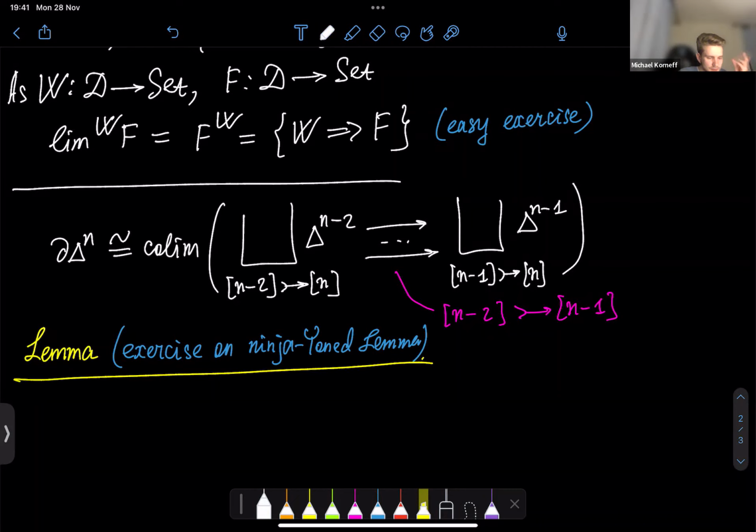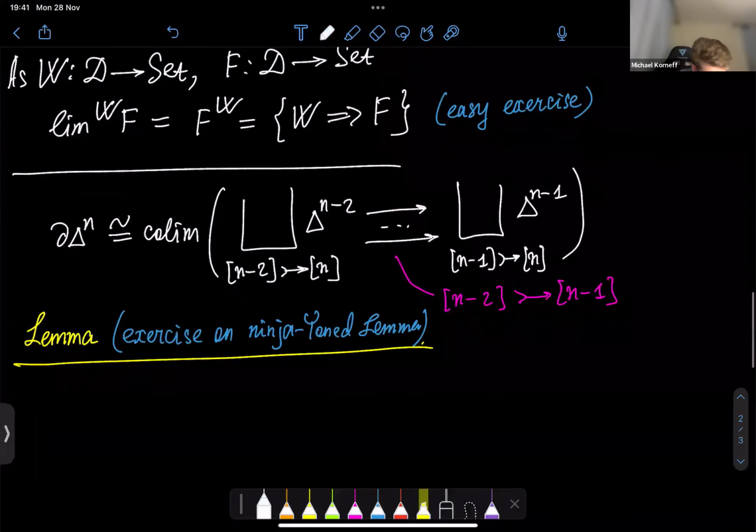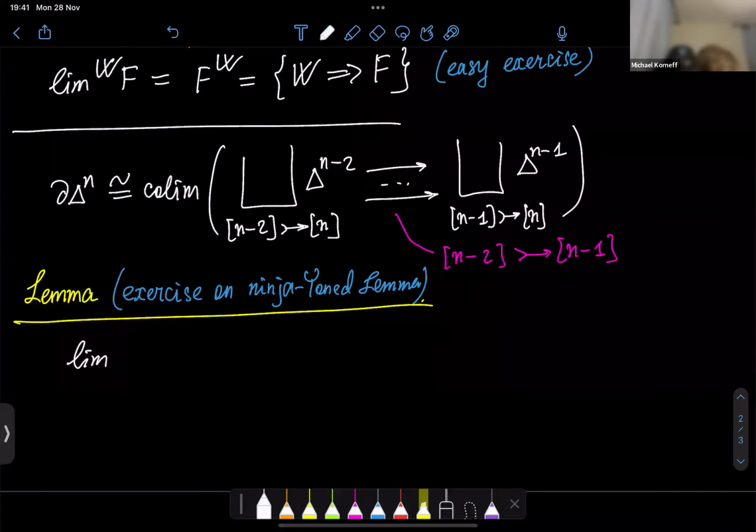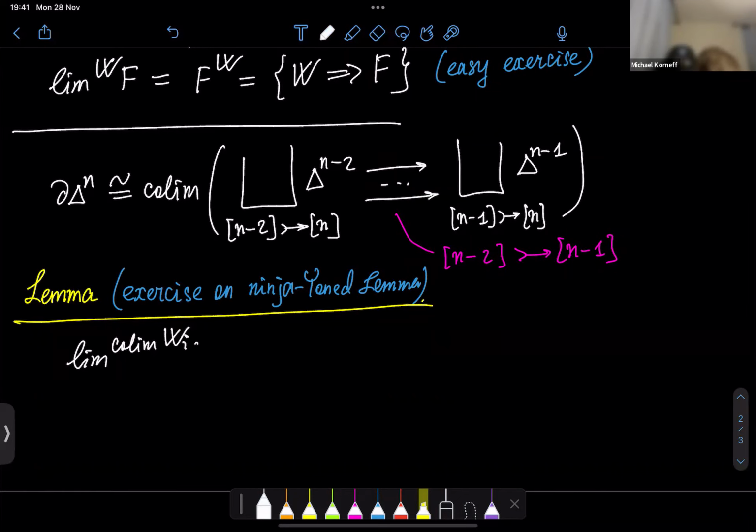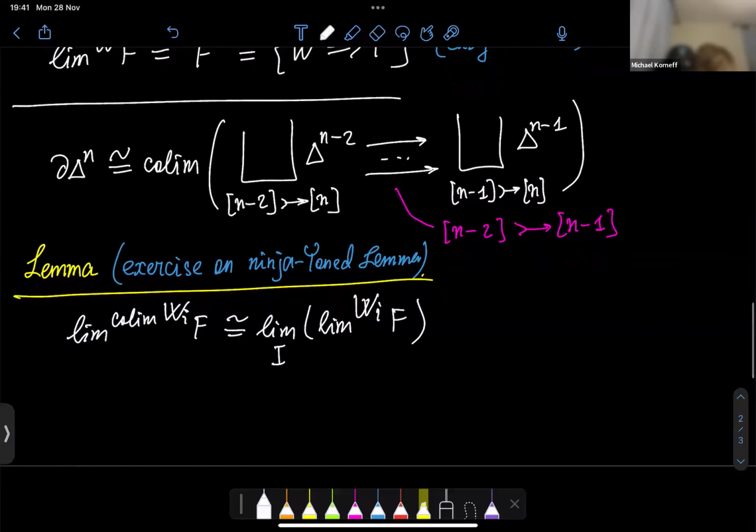Where colimits are continuous, that is, we have the following isomorphism. Where W is a diagram in the following category.